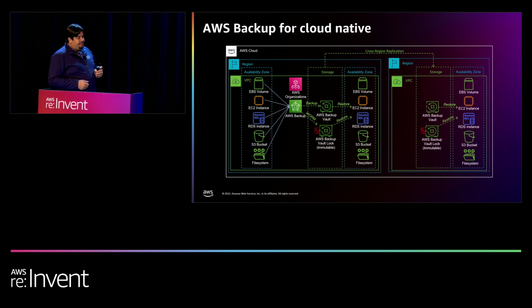With the integration with Organizations, you can make it even simpler, because you can do that in a central fashion. You create the policies and deploy the policies to all the child accounts. You see again that we have the vault and the option of the Vault Lock, and then you can restore that in a different availability zone.